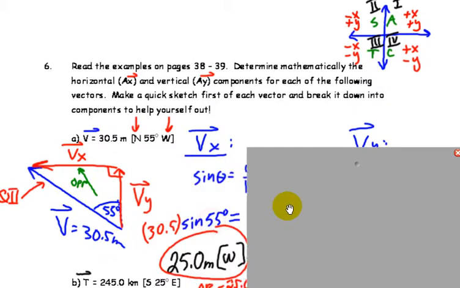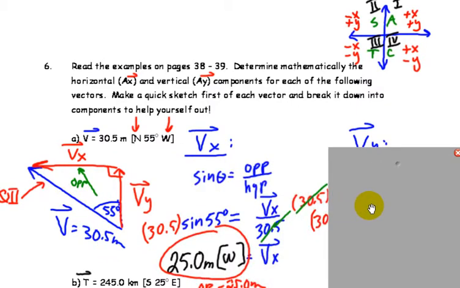All we're going to do is figure out the value of the x vector and the y vector. Vx is the opposite of the angle, and the hypotenuse is the longest side, 30.5. So sine theta is the helpful function: opposite over hypotenuse, or Vx over 30.5.